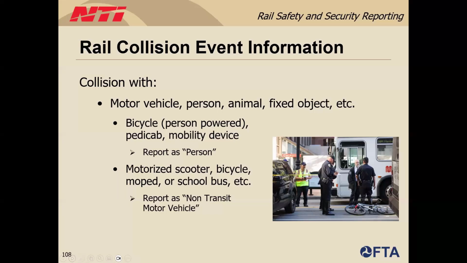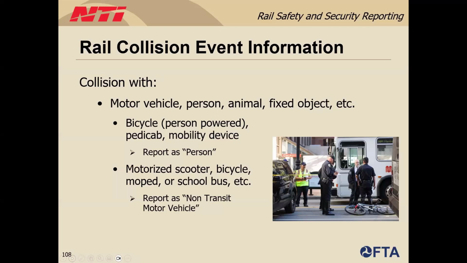However, motorized bicycles, scooters, mopeds, tour buses, school buses, box trucks, dump trucks, and so forth are going to be reported as a collision with a non-transit motor vehicle. The other selection would only be used when no other selection is appropriate.